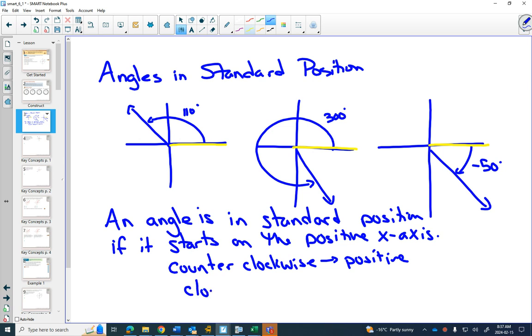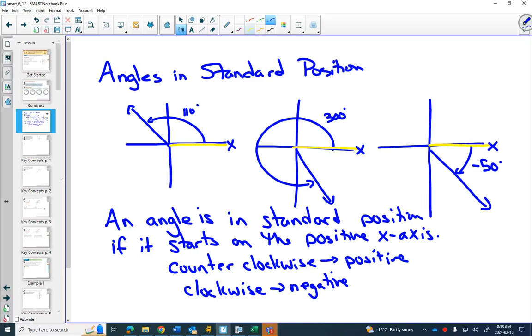And clockwise is negative. So we got that negative 50, but the key thing for an angle in standard position is it is starting here on your x-axis, but not just any x-axis, it has to be the positive x-axis. So definition number 1. How do we measure an angle? Where does it start? Angles in standard position.